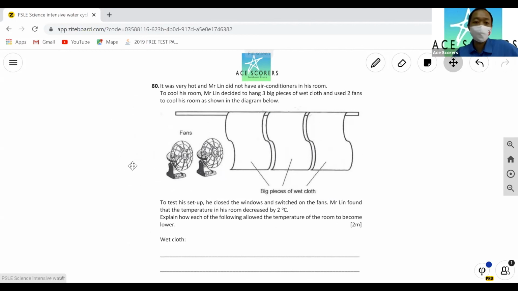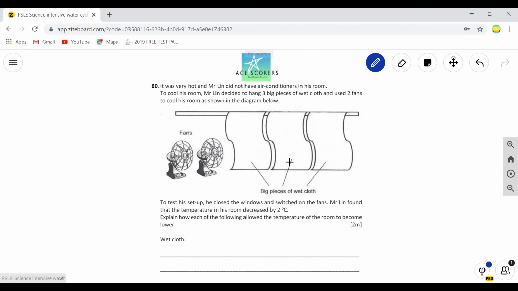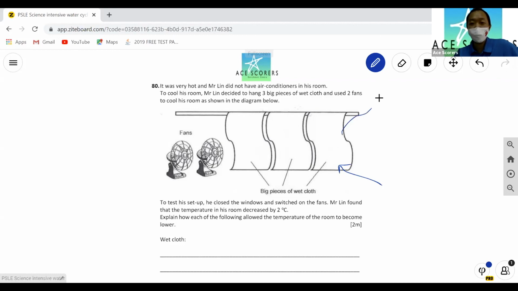It's wet, so no aircon needed. Basically, because the cloths are wet, the water absorbs the heat. Then you switch on the fan, and the water evaporates.